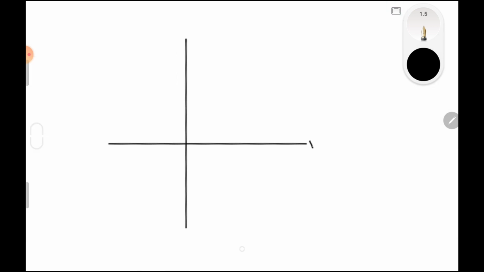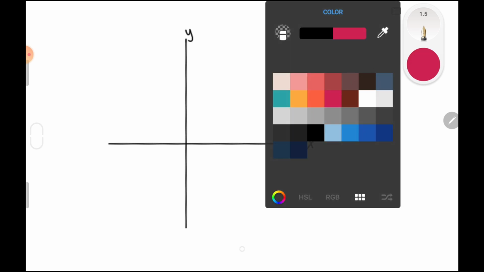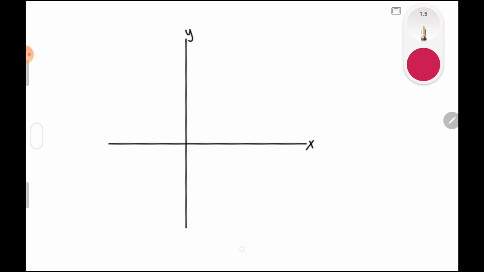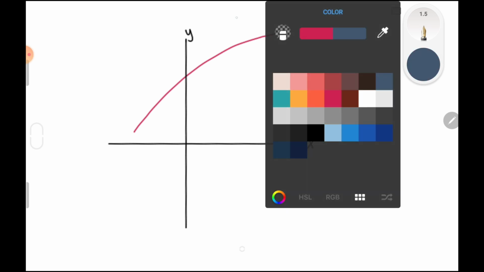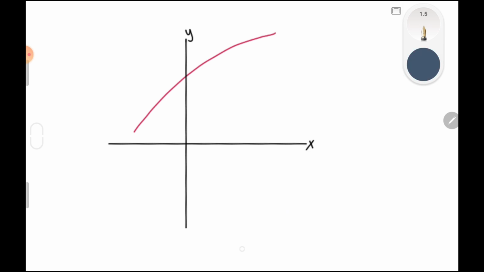Take note that we will draw our function f of x. So this function will represent an equation f of x.